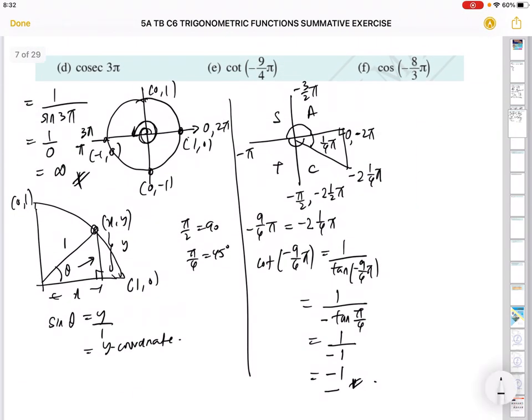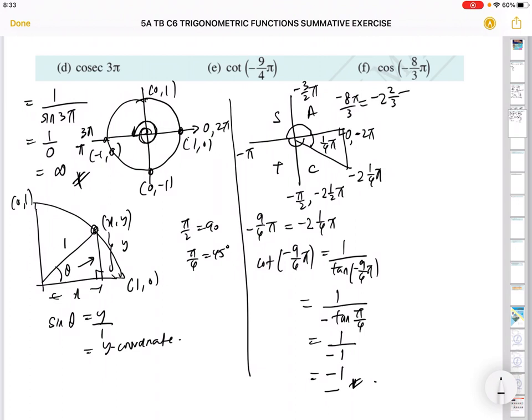All right. I have very little space for part C. Okay, part F. Anyway, where's negative 8 over 3 pi? Now we know 8 over 3. We can think negative 2 over 3 pi.